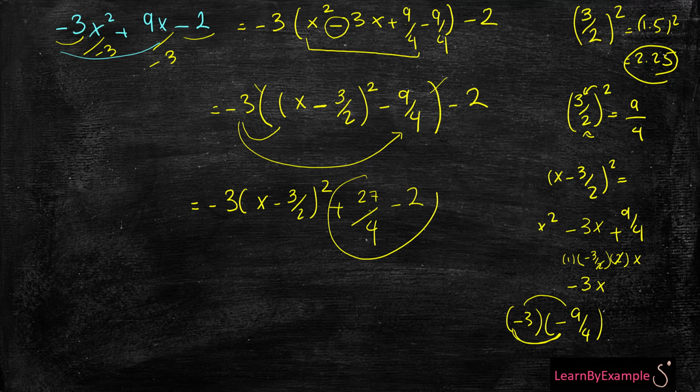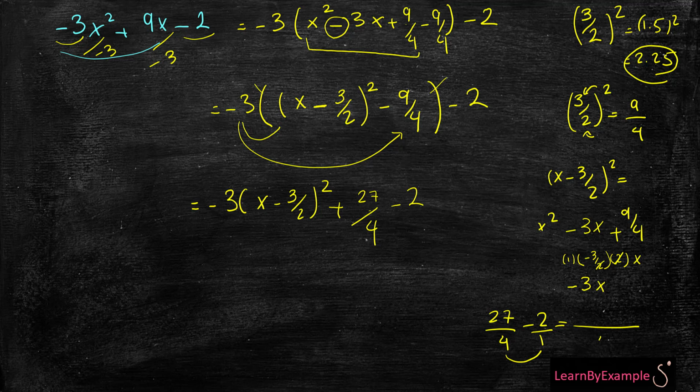Now what I have to do is to add these two numbers together to be able to write it as 1. Now how do I do that? I'm just going to show you over here. I'm going to have 27/4 minus 2. I'm going to use common denominator. So this will have a 1.